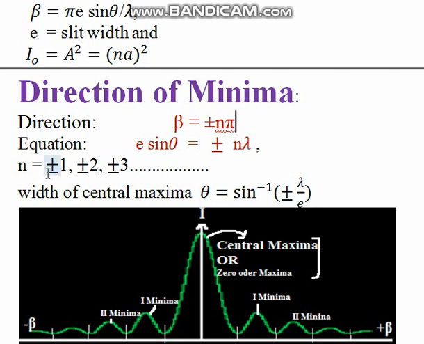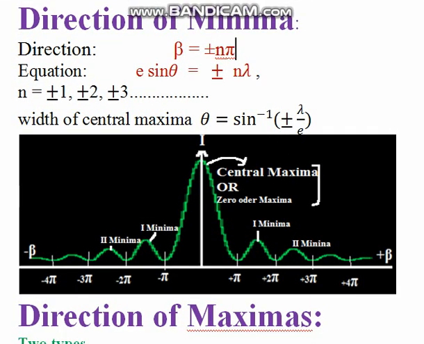Here n is equal to plus minus 1, plus minus 2, first order, second order, third order, plus for upper minima and minus for lower minima. In the graph, the first minima is obtained at n equal to 1, pi. So plus pi and minus pi are both the first minima. Then 2 pi is the second minima, then third minima, fourth minima, and like that.